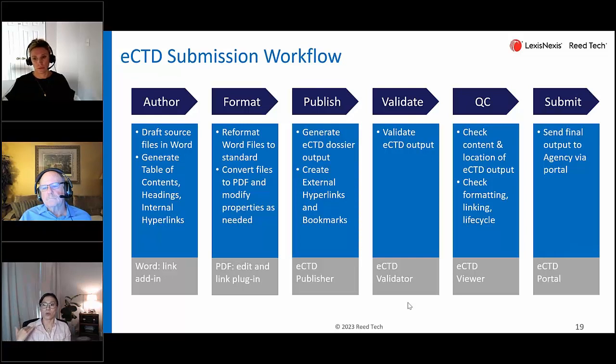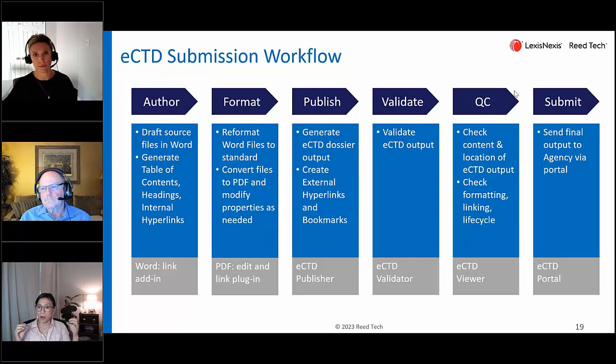Once that's all done, we then do another level of QC. This is just ensuring we go through one last time that all the files are in the right location based on what the eCTD submission planner had agreed upon, and also that all the external linkings work.